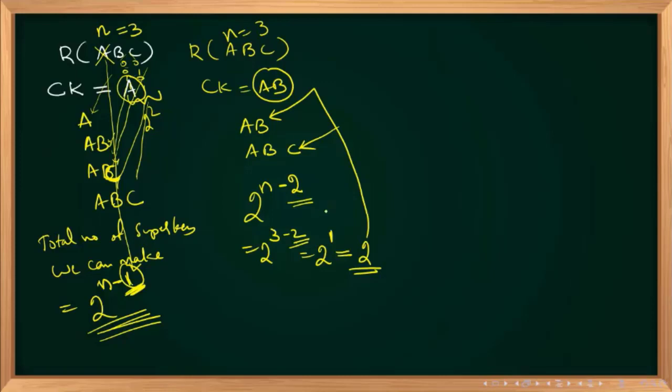Now, what will happen if I have more than one candidate key? Okay, more candidate keys. So again, I am writing an example: relation ABC, candidate key 1 is A, and candidate key 2 is B. Two candidate keys are there.